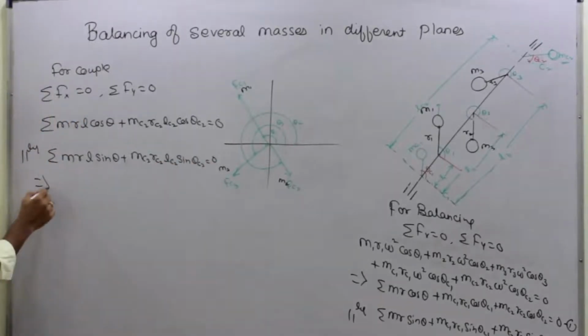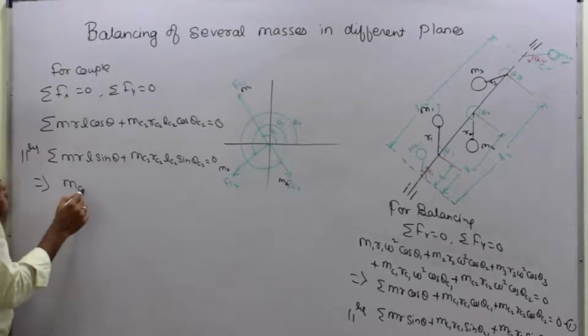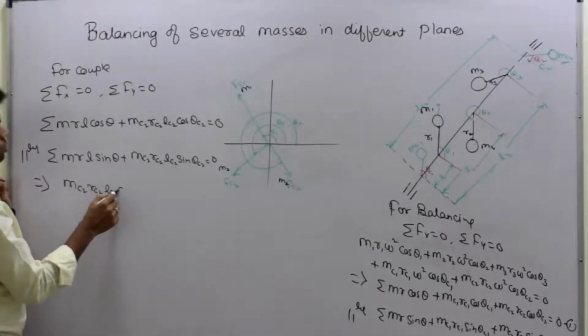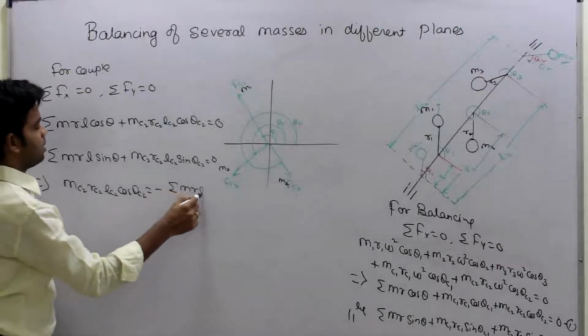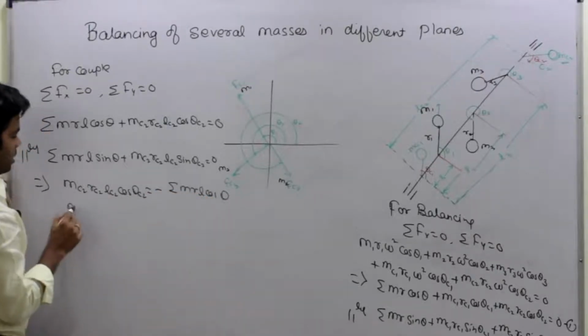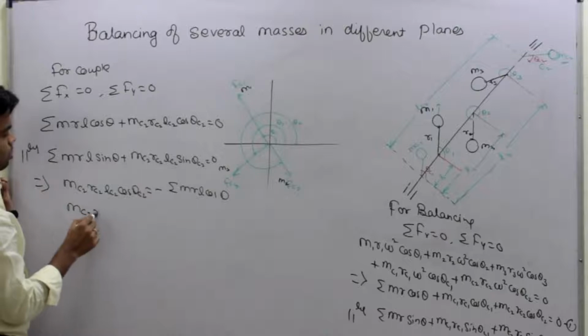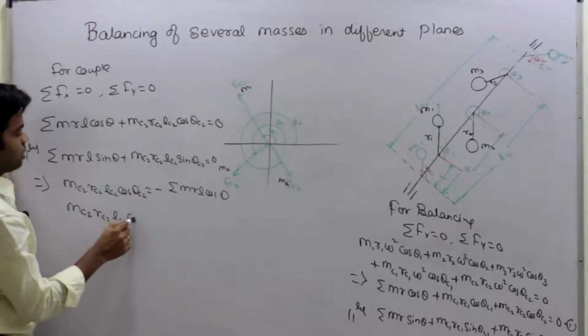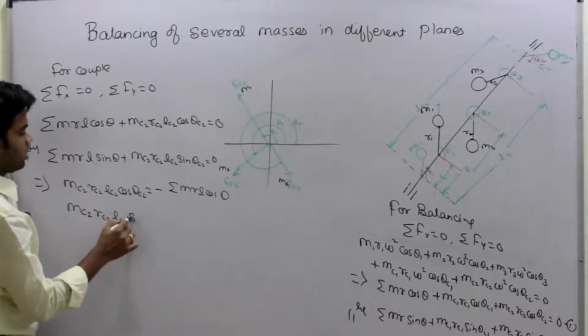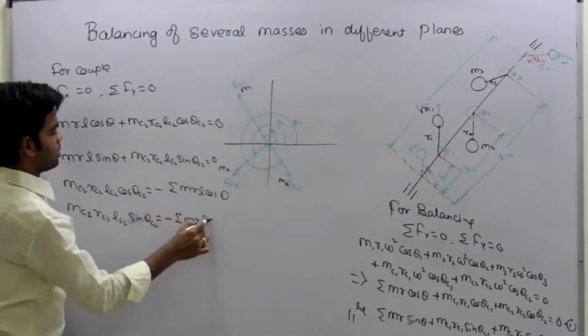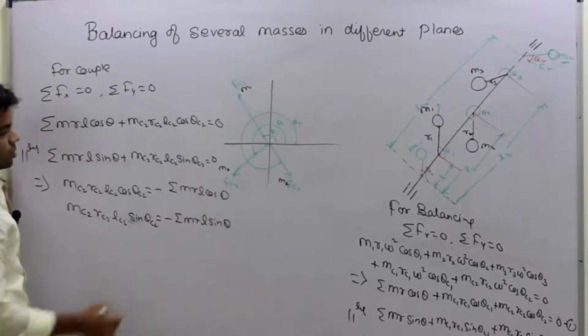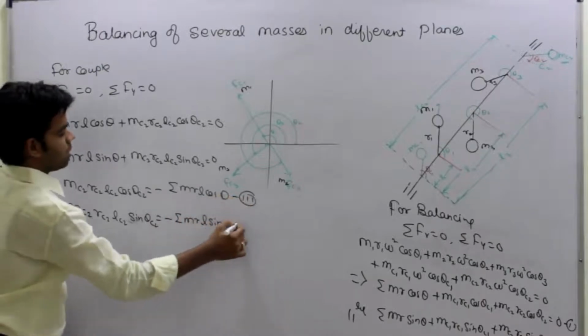Or you can say from here mc2 rc2 lc2 cos theta c2 is equal to minus of summation of m r l cos theta, and mc2 rc2 lc2 sin theta c2 is equal to minus of summation of m r l sin theta. Getting this or not? Suppose this is equation number 3 and equation number 4.